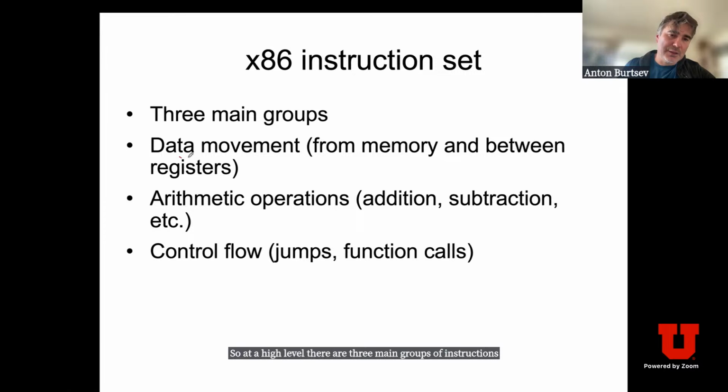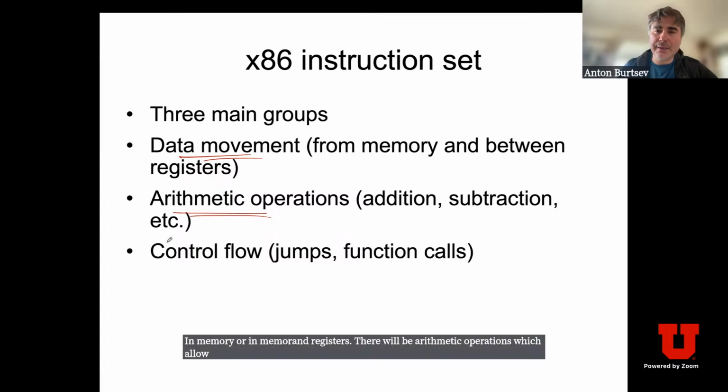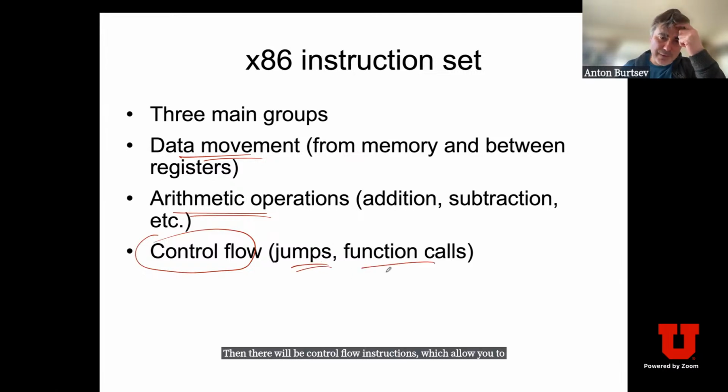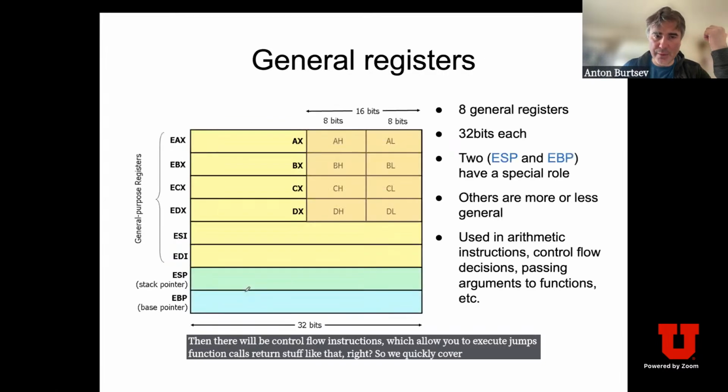Instructions which load, store or move something in memory or between memory and registers. Arithmetic operations which allow you to add, divide, multiply, something like that. And control flow instructions which allow you to execute jumps, function calls, returns, stuff like that. We'll quickly cover all three and understand how they work.